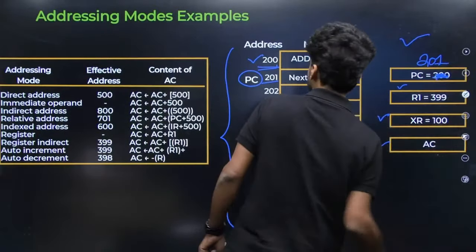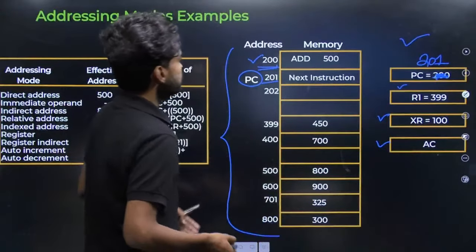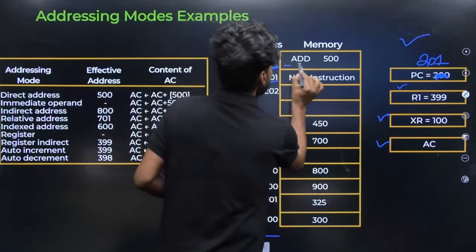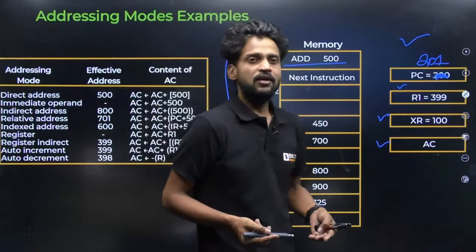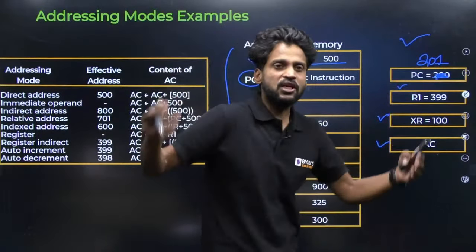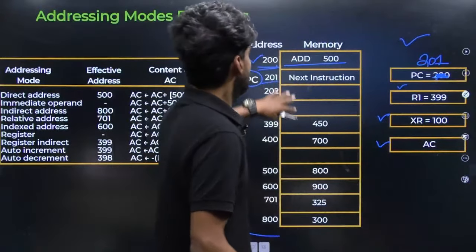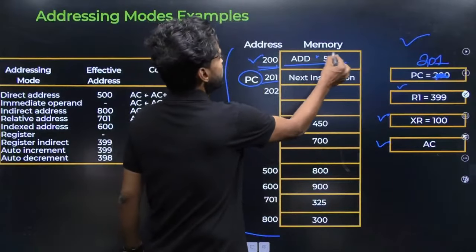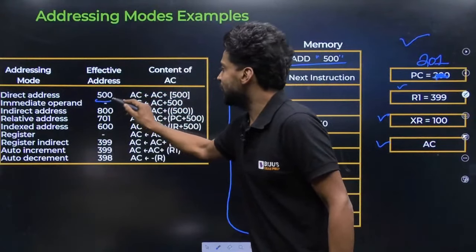Now, let us understand. An instruction needs to be executed. The current instruction being executed is add 500. How is this instruction going to get executed in different addressing modes? For example, in the direct addressing mode, the effective address is 500.